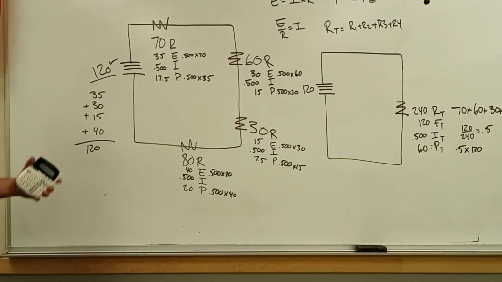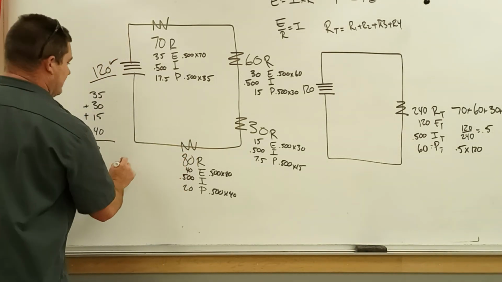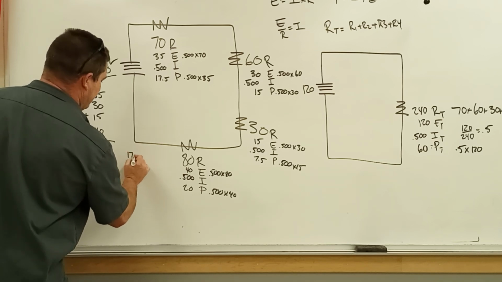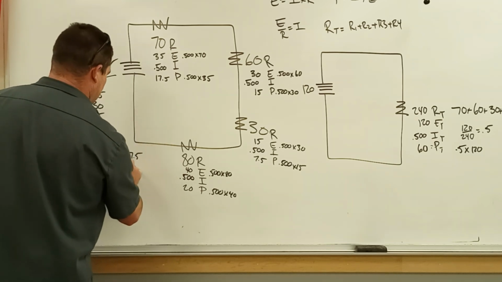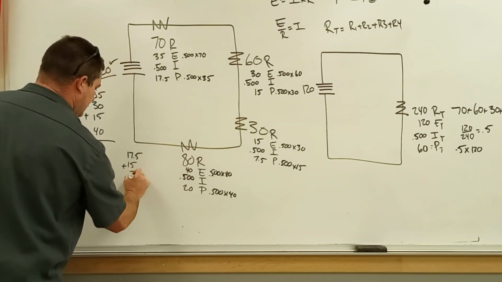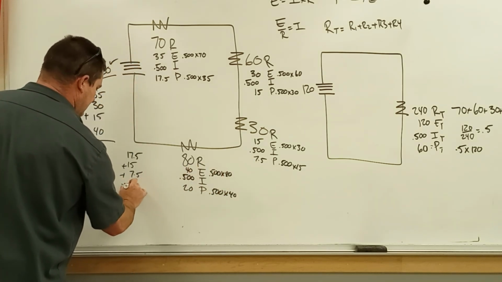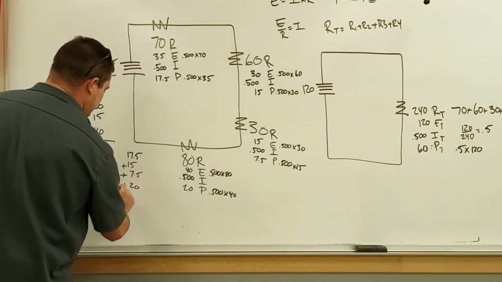Next step, we do the same thing with our wattage. So we start adding those all together. So we'll put 17.5, 15, 7.5, and 20.